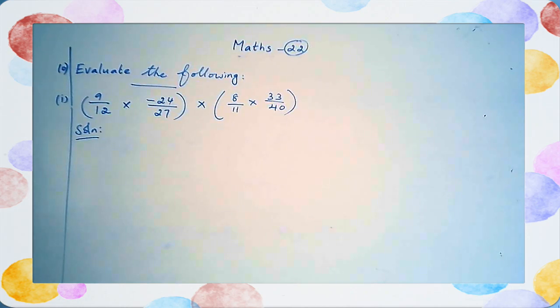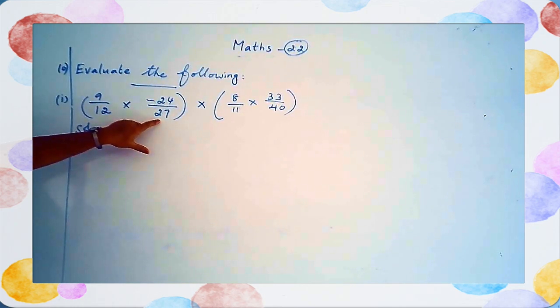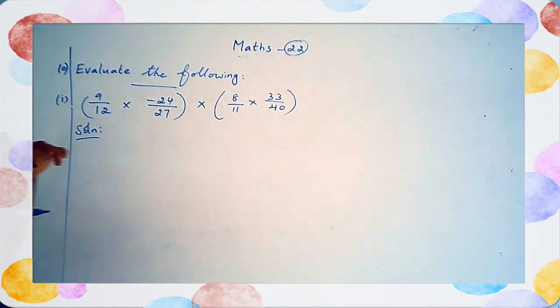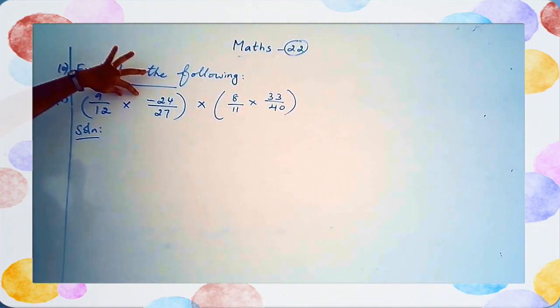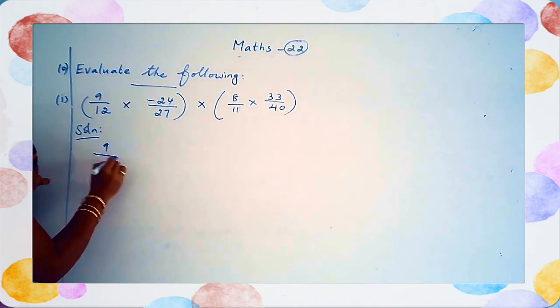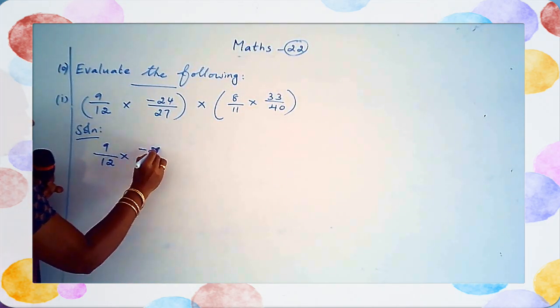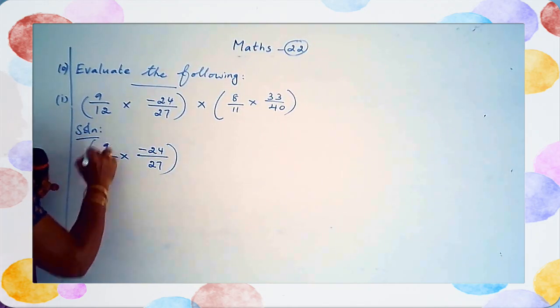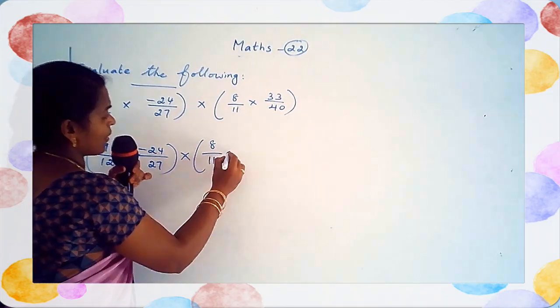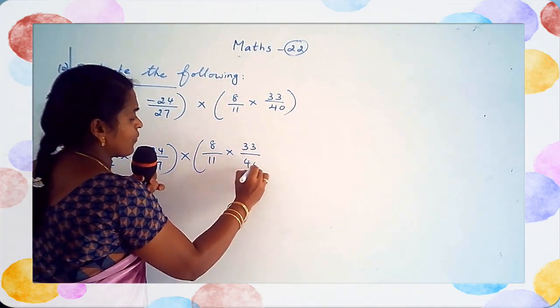So first question, one bracket inside, 9 upon 12 into minus 24 upon 27, multiplied by another bracket inside, 8 upon 11 into 33 upon 40. First of all, you have to find the value inside the bracket. What is there inside the bracket? 9 upon 12 into minus 24 upon 27, yes children.